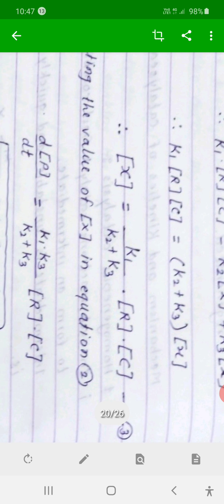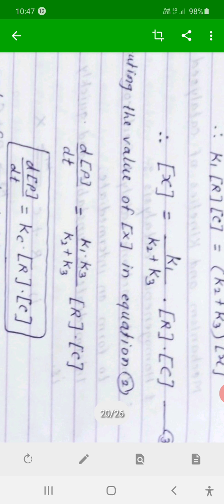Then by rearranging, we get the concentration of intermediate X is K1 upon K2 plus K3 into concentration of R into concentration of C.